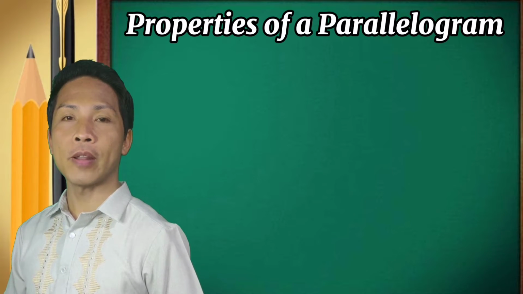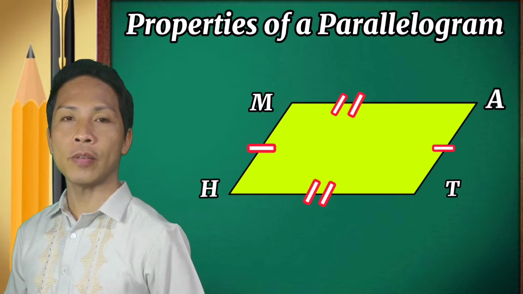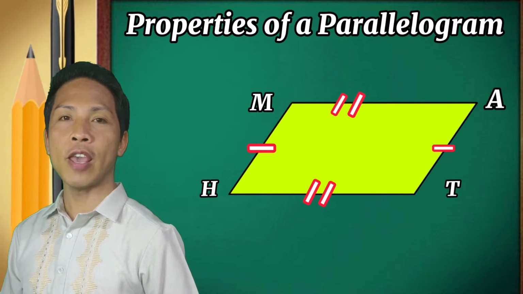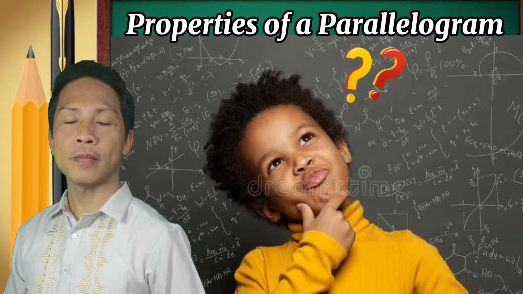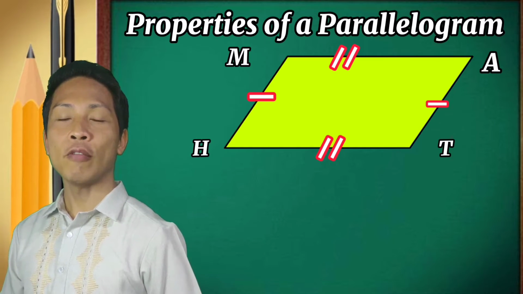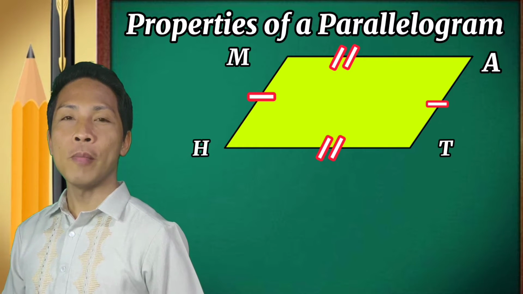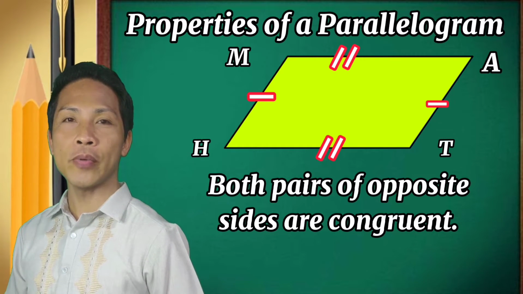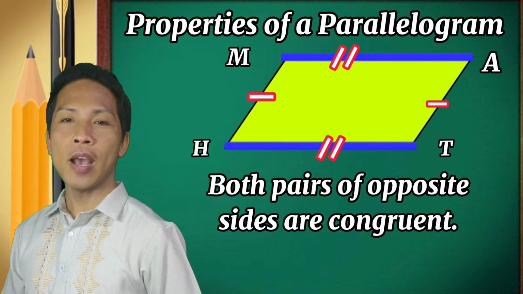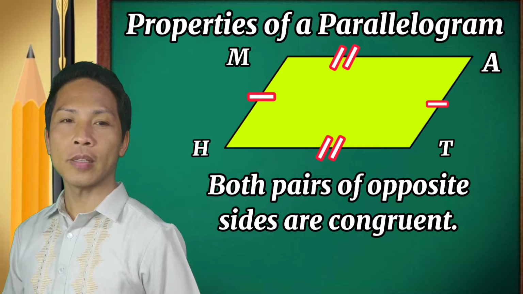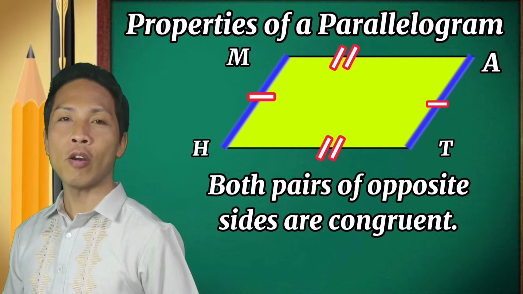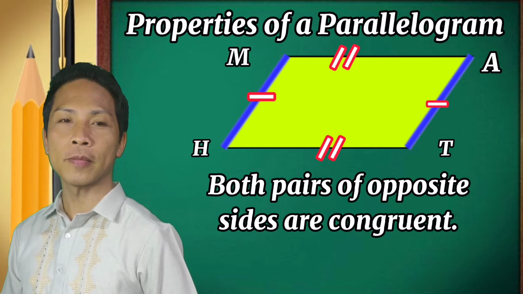Let us assess parallelogram MATH. What property of a parallelogram does it convey? You are right. It conveys that in a parallelogram, both pairs of opposite sides are congruent. Side MA and side HT are opposite sides and congruent. Also, side MH and side AT are opposite sides and are congruent.